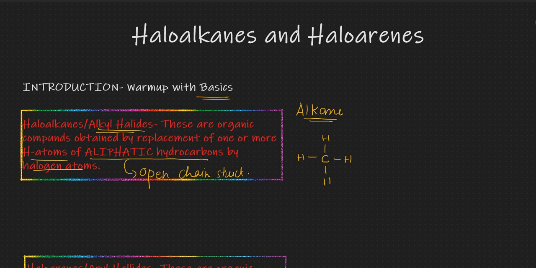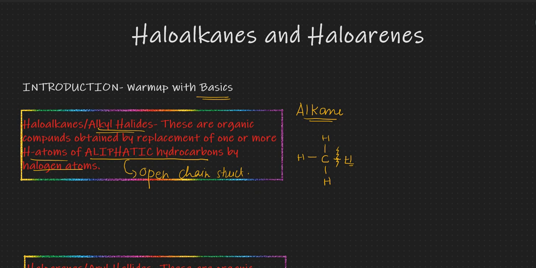Suppose I am going to remove a hydrogen atom, any hydrogen atom. Let's say I'm going to remove this hydrogen atom from this structure. I'm going to break this bond and remove this hydrogen atom completely.